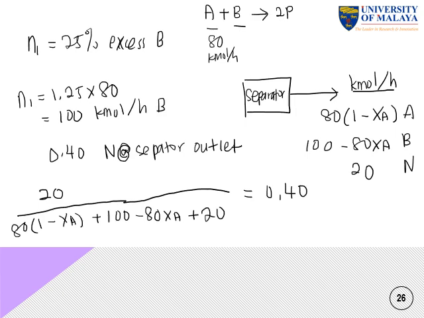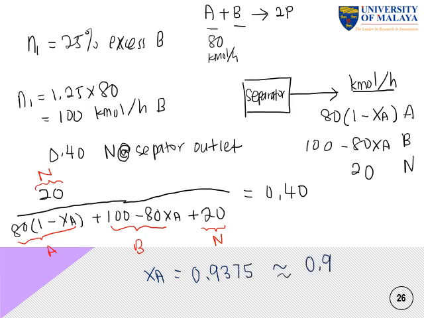Just to clarify, the numerator is the number of moles of component N, and the denominator is the number of moles of component A, component B, and component N again at the outlet. From there, you can find XA because it's just one equation, one unknown, so easy. If you do this, you get 0.9375, which is approximately 0.94. I hope you get the same answer.